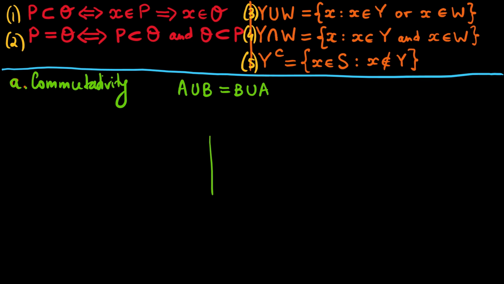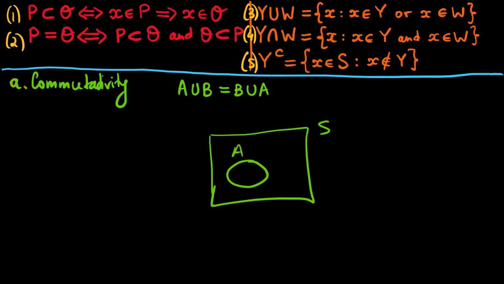Right? I mean, we drew a sample space and we got set A and set B. A union B, it almost says that we're going to start coloring from left to right. B union A is the same thing. We're just going to color from the other side, right?